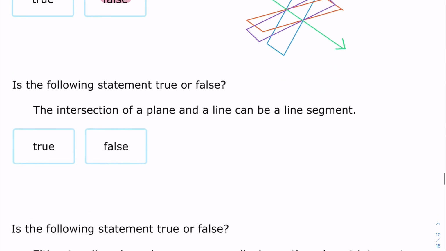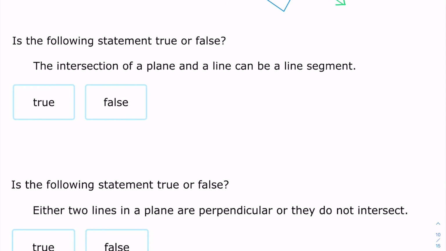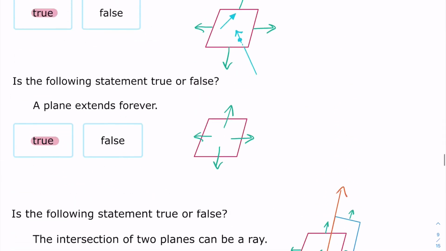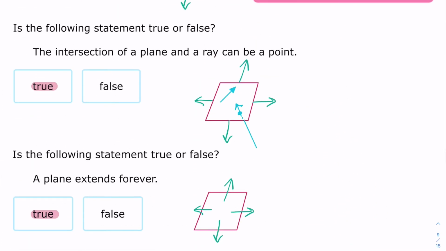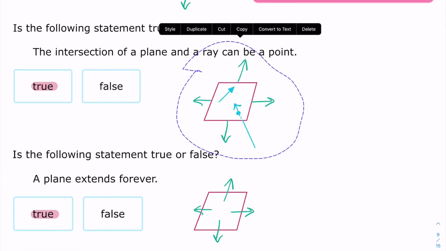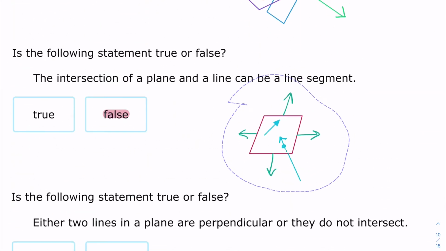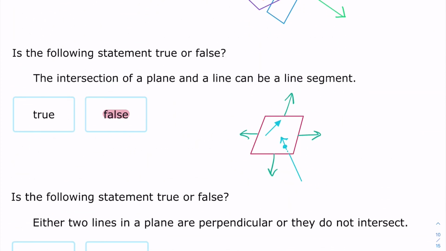The next one, the intersection of a plane and a line can be a line segment. Again, this one is false because a line can either do two things. It can intersect a plane, just like a ray.